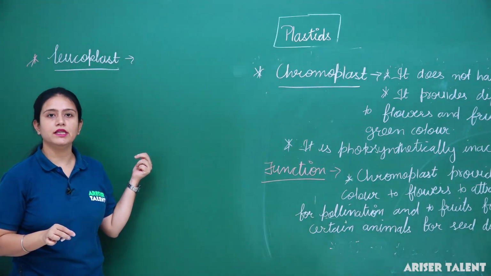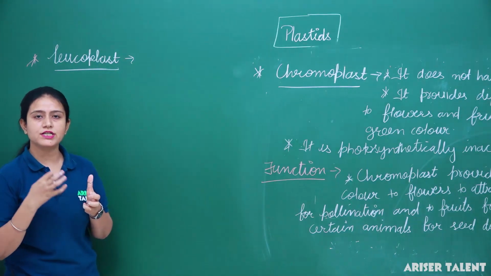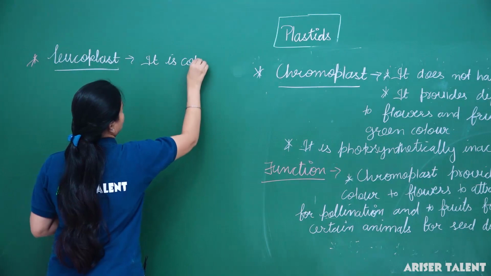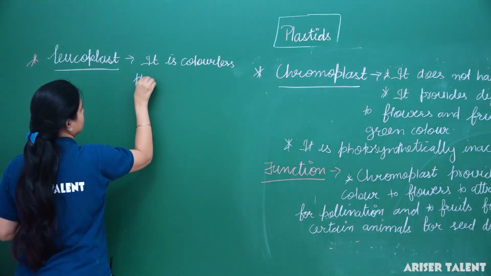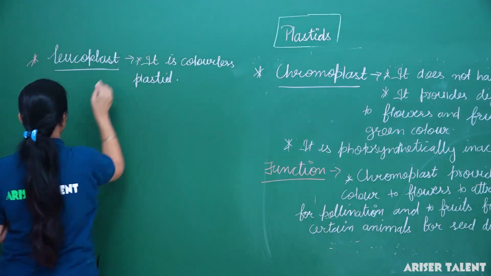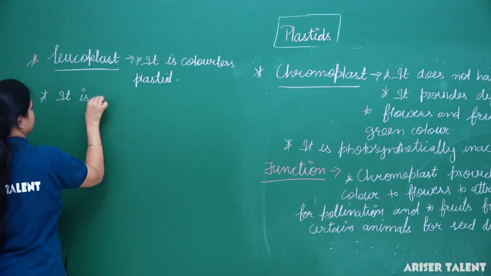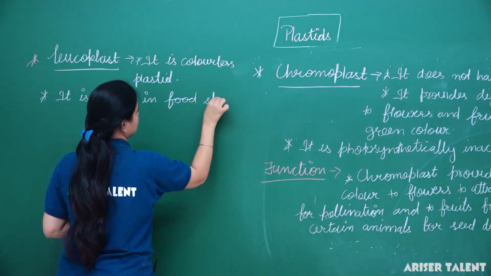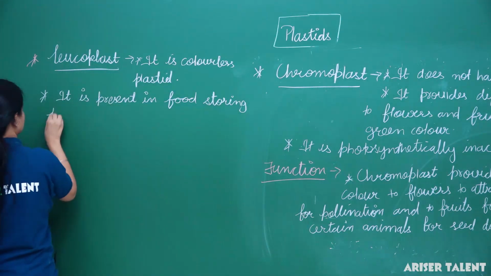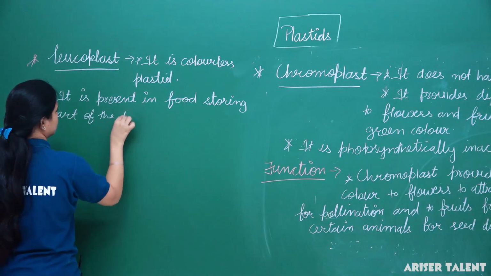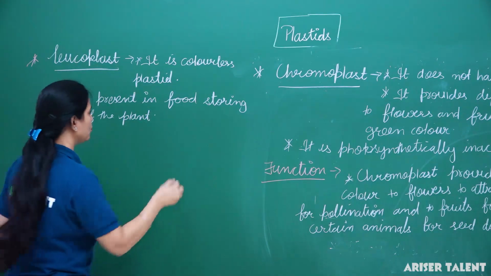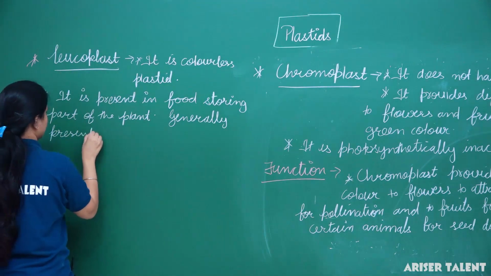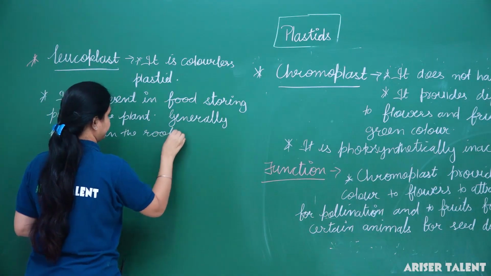Generally it is present in the roots, or we can say in the part of the plant which helps in storing food. So leukoplast is a colorless plastid, present in the food storing part of the plant, generally in the roots.